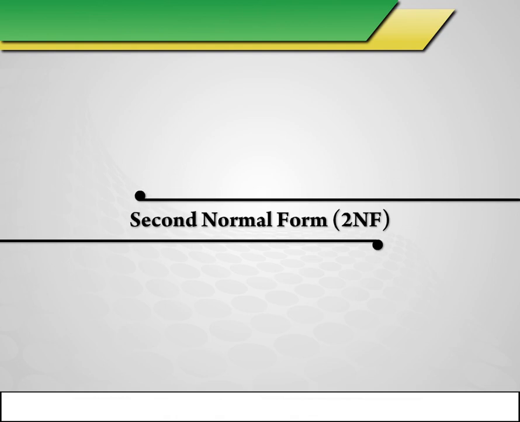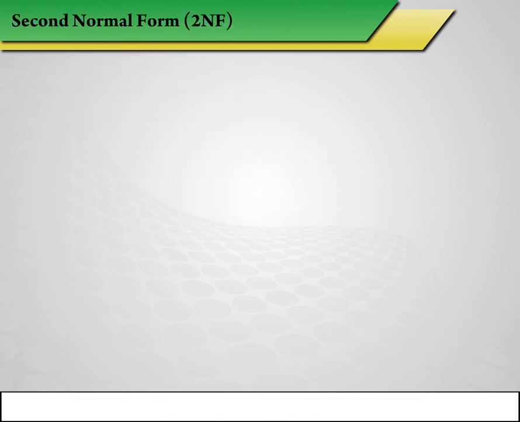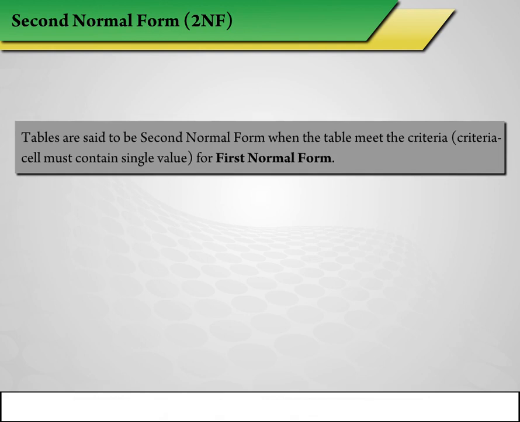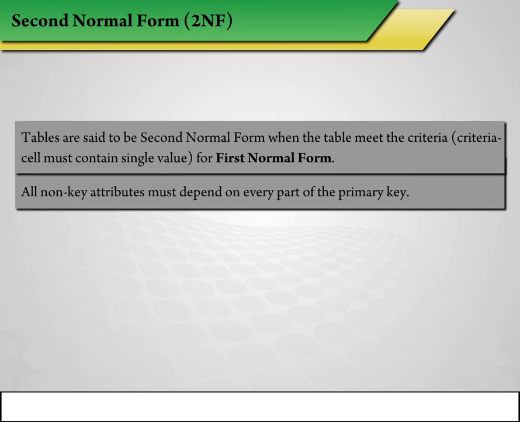Second normal form, 2NF. Tables are said to be in second normal form when the table meets the criteria: a cell must contain a single value for first normal form, and all non-key attributes must depend on every part of the primary key.